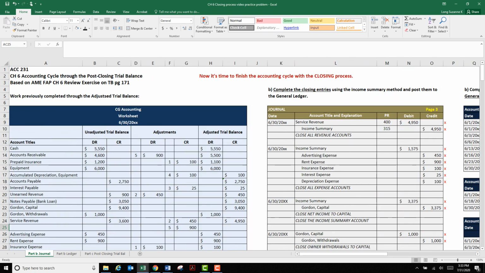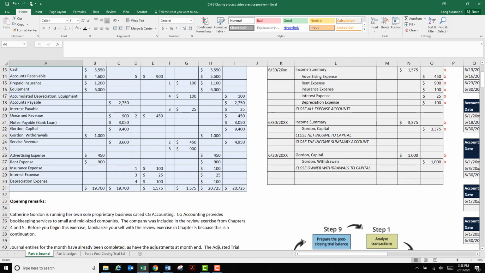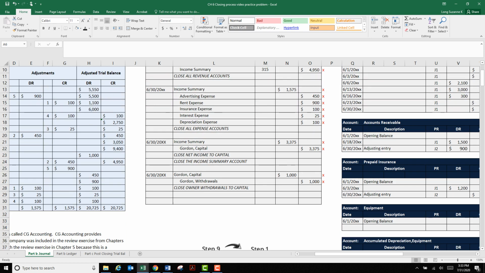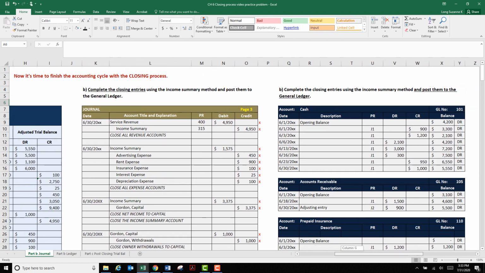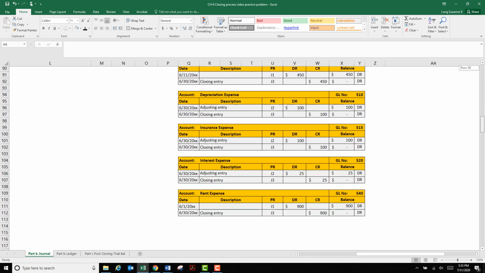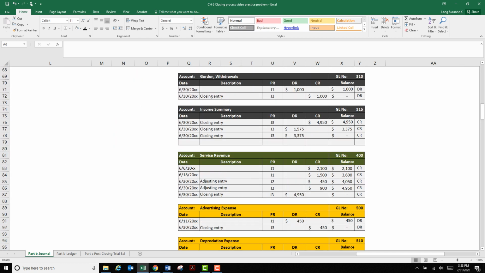To go back through, we picked up with the adjusted trial balance here. This is where we were before, and we're adding in closing entries. We're posting our closing entries to the general ledger, and in particular, you see that right in this area.